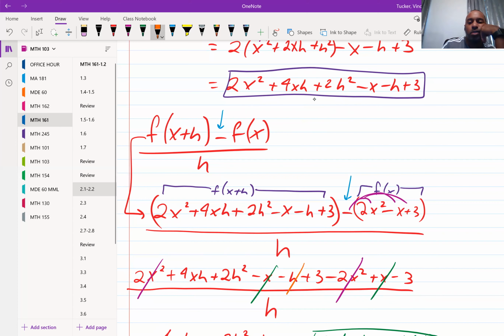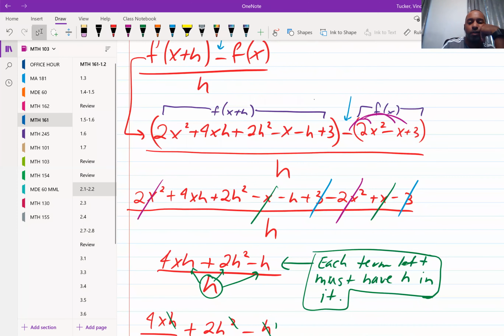And then 3 and 3 cancel. And that leaves us with 4xh plus 2h squared minus h over h. And so that's why I wrote in the box, each term left must have h in it still.